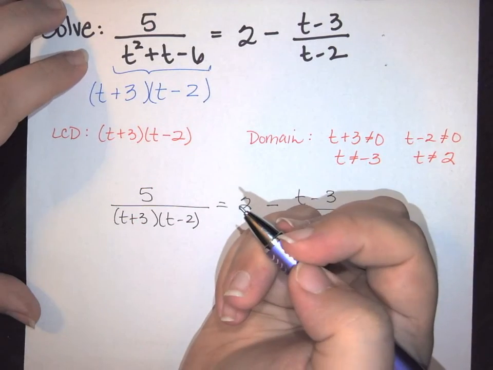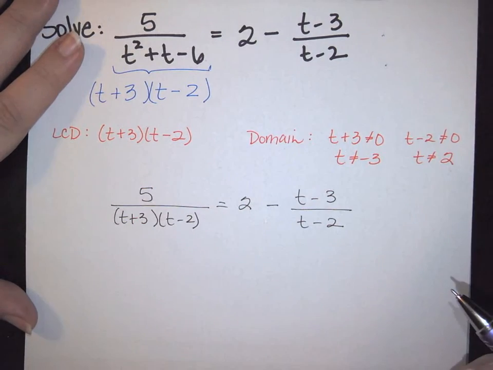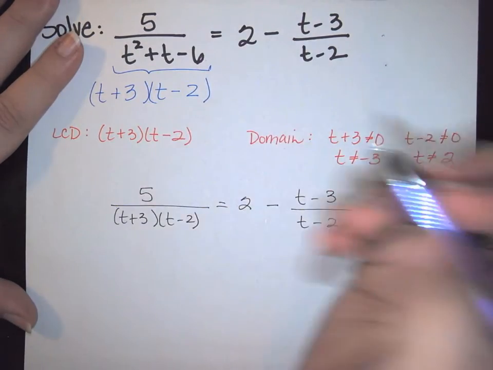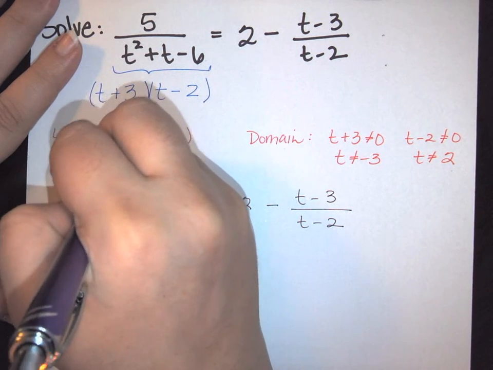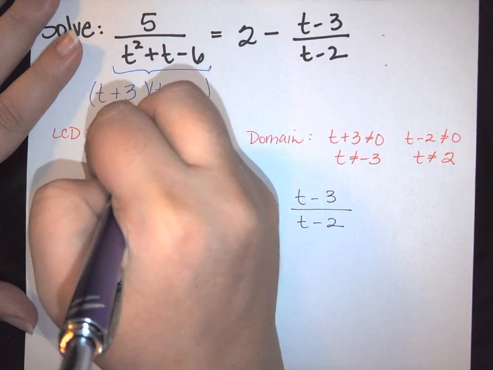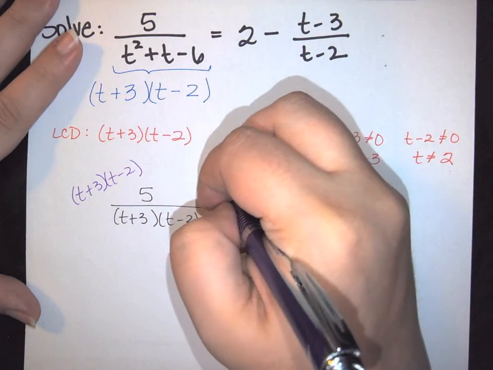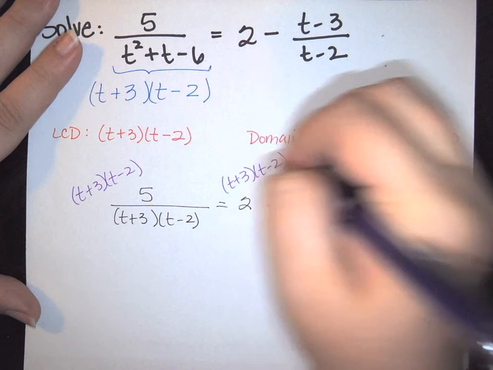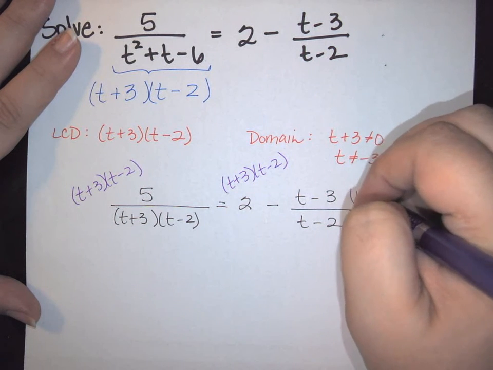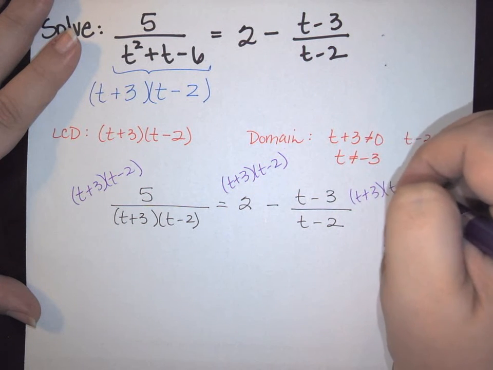I am going to multiply everything by the least common denominator. So I'm going to multiply the first term by t plus 3 times t minus 2, the next term by t plus 3 times t minus 2, and the last term by t plus 3 times t minus 2.